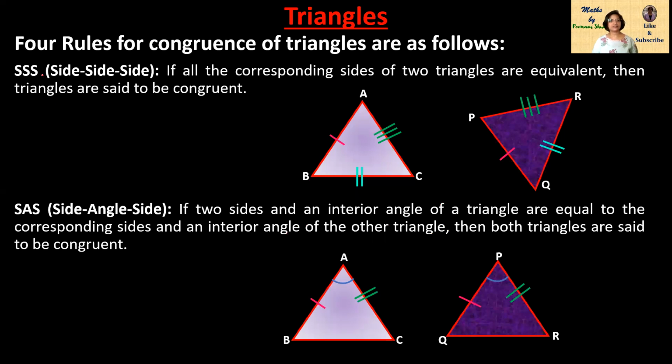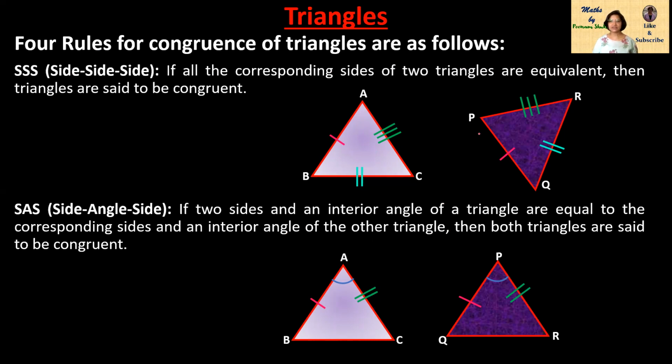So here SSS means side, side, and side. If all three corresponding sides of two triangles are equivalent, then the triangles are said to be congruent. So here we can see two triangles ABC and PQR, and PQR is a little rotated, but still if sides are equal, then we can say these two triangles will be congruent to each other.